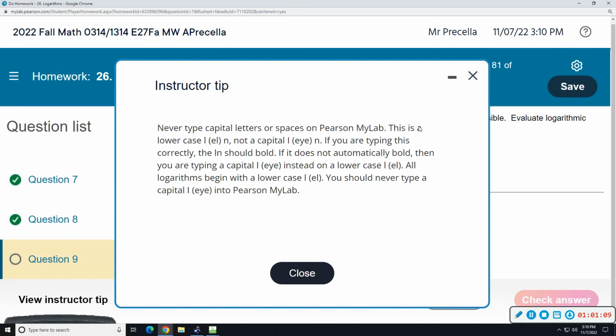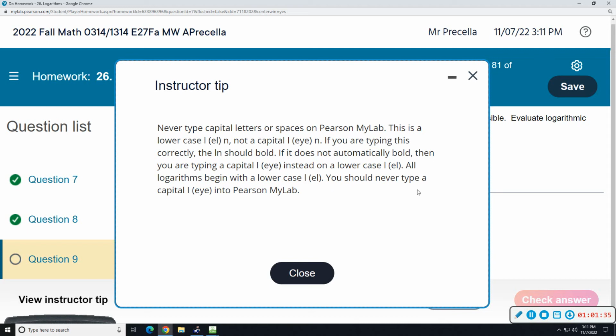Oh, here's a longer instructor tip. Never type capital letters. This is a lowercase l, not a capital I. LN, not a capital IN. If you're typing this correctly, the LN should bold. If it does not automatically bold, then you are typing a capital I instead of a lowercase l. All logarithms begin with a lowercase l.